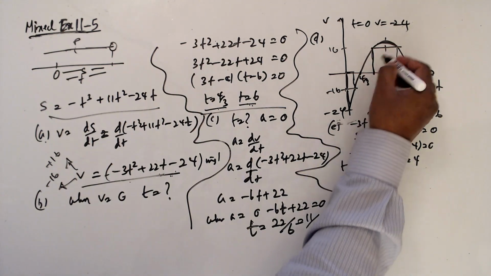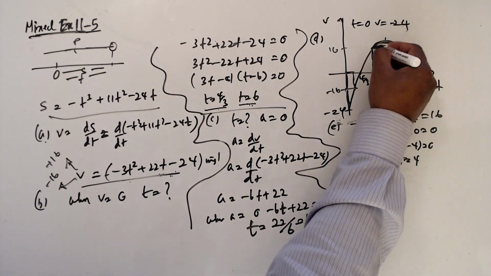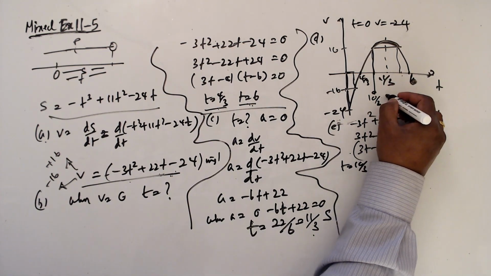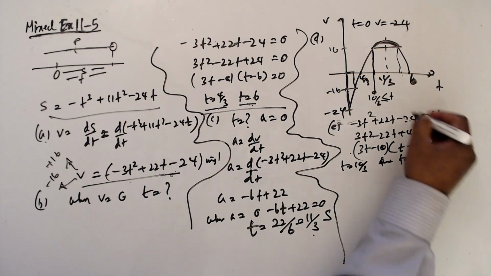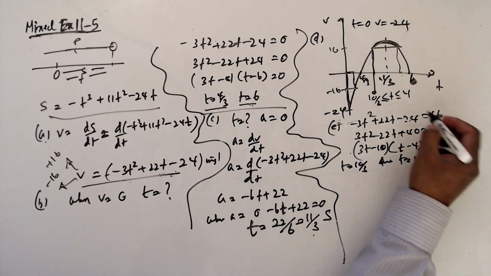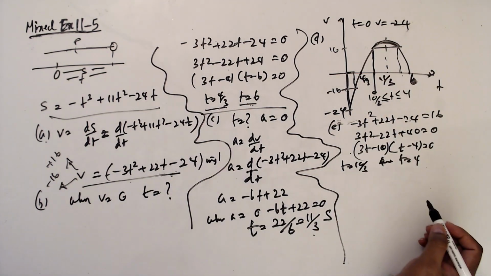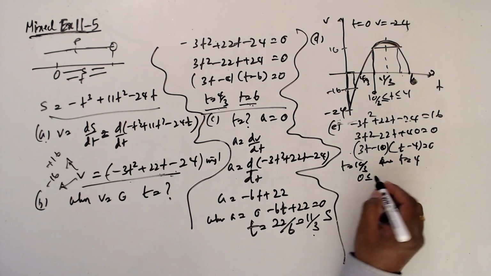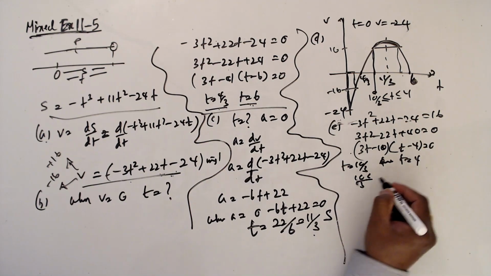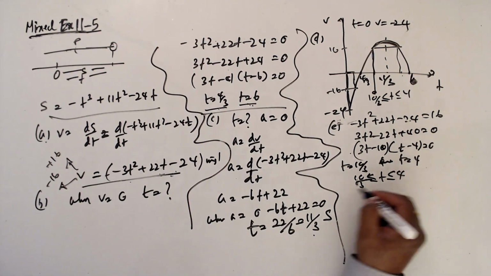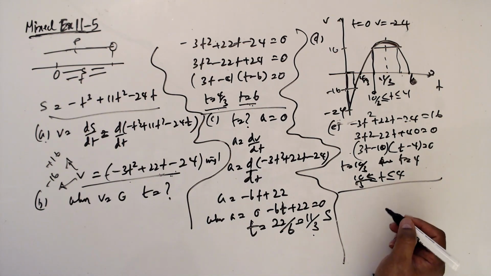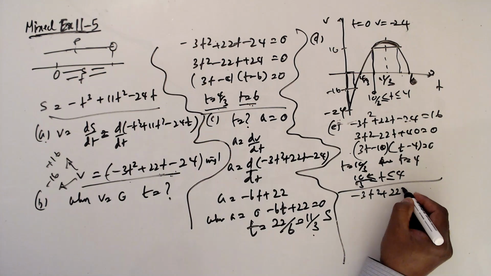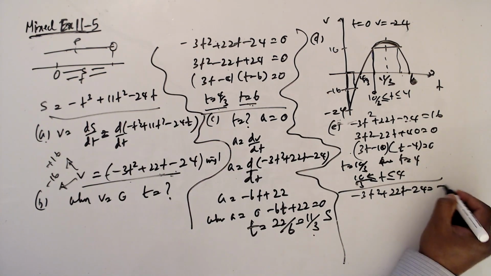So in between here to here, 10 over 3 is less than or equal to t, up to t equals 4. So this is one interval. The other one is when minus 3t square plus 22t minus 24 equals minus 16.